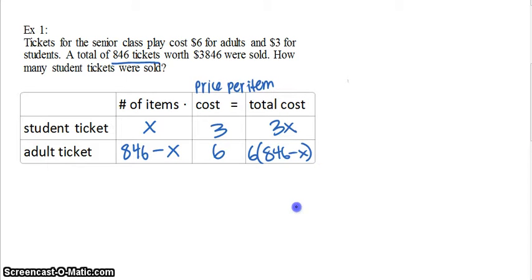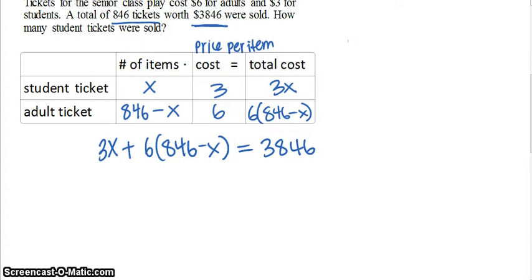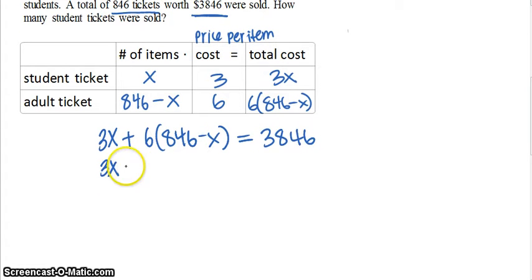Now, did it say that they're equal? No, it gives us a total cost. So if I add 3X and the adult tickets, which are 6 times 846 minus X, that's going to equal our total cost of $3,846. So now we need to solve that. I'm going to distribute. So 3X plus 5,076 minus 6X equals 3,846.